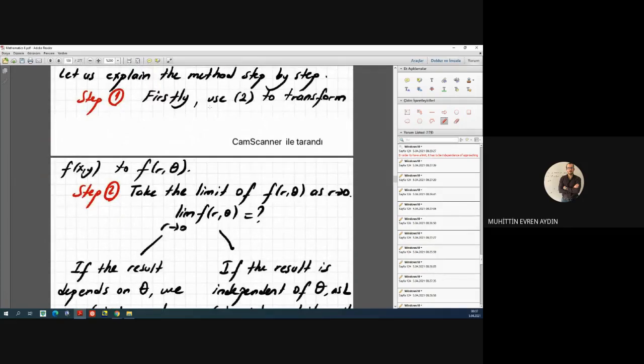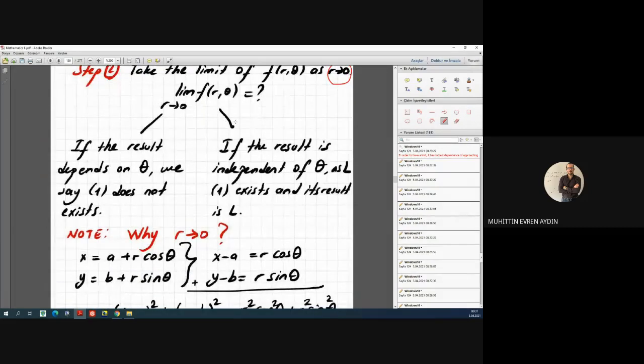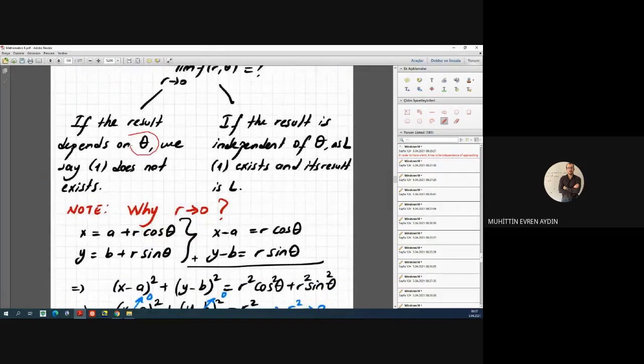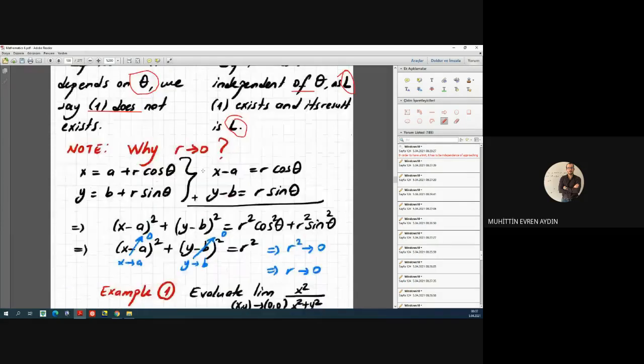As a first step, use the equations to transform the variables and take the limit as r goes to 0. We have two options. If the result depends on theta, then we say the limit does not exist. Otherwise, if the result is independent of theta, then we say the limit exists, and the result is the limit. Okay.